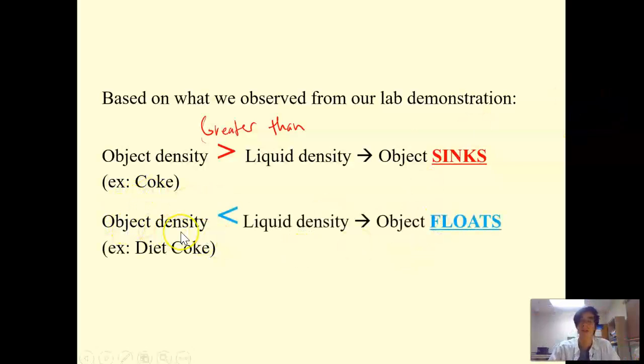But when the object density is less than the liquid density surrounding it, the object is going to float, which is our Diet Coke. Think about those little floaties on pools. Those are less dense than the liquid of your pool, and therefore they float up on top. So just try to really understand that conceptually as we are doing these density problems.